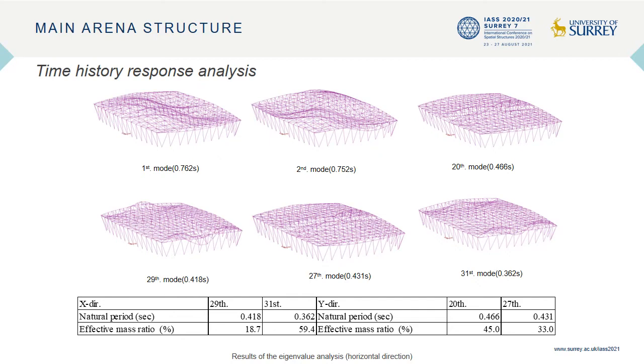The seismic force for the design of the main arena roof was determined using time history response analysis. This figure shows the result of the eigenvalue analysis in the horizontal direction. The first order natural period is 0.762 seconds.